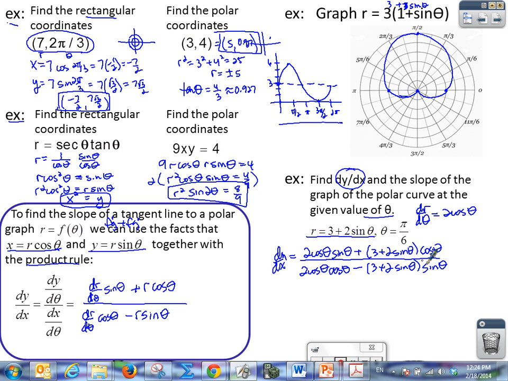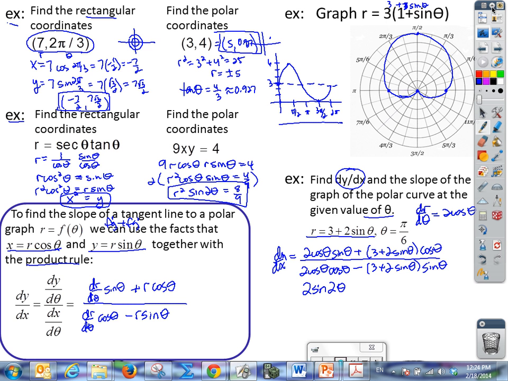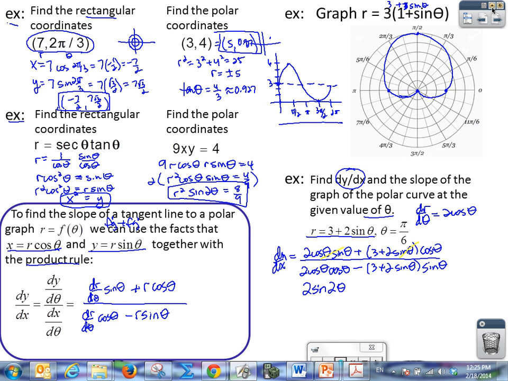See that? That's another sine 2 theta. So I have two of them, don't I? 2 sine 2 thetas. And what that does is it gets rid of this and this. Okay, I still have this cosine to distribute to the 3, so I have plus 3 cosine theta.